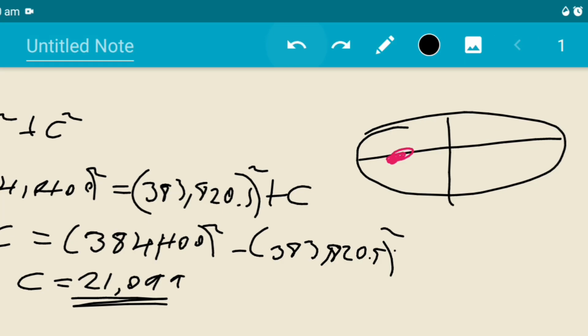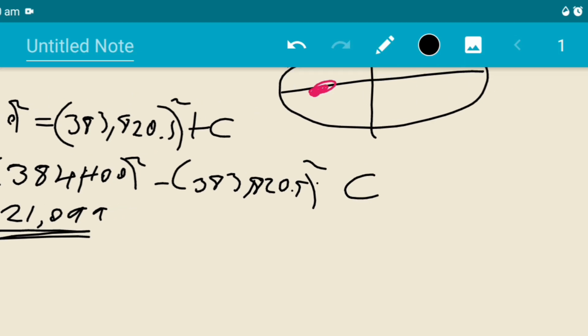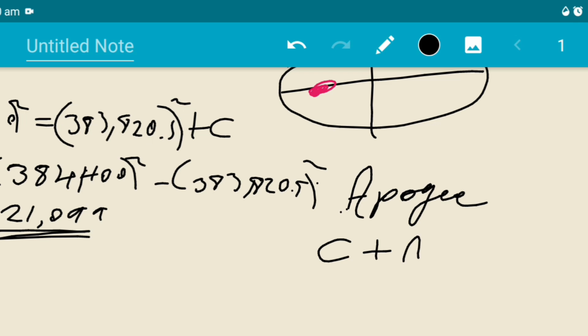Okay, so let's add those up. Let's take A plus C. The apogee would be equal to C plus A. So let's add C and A.